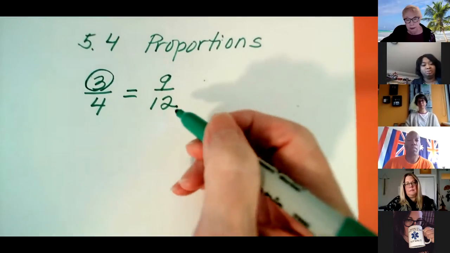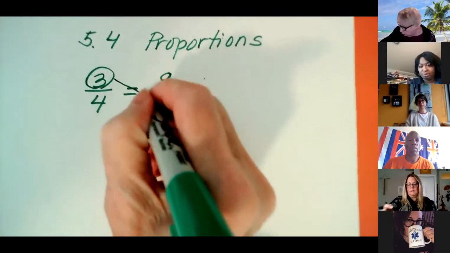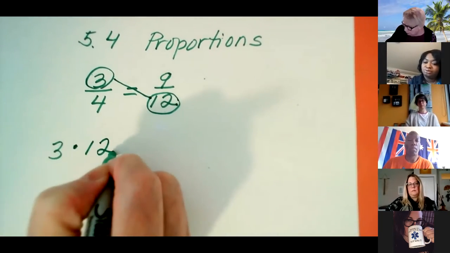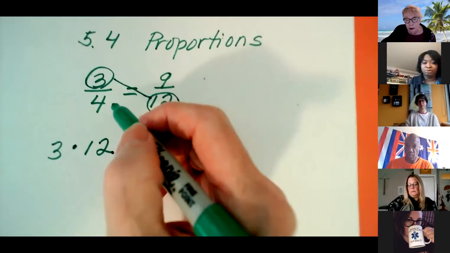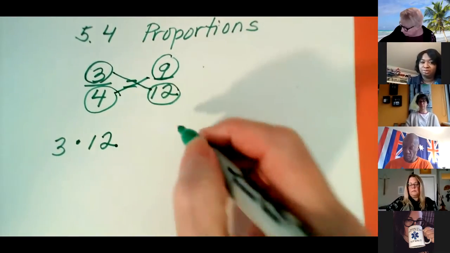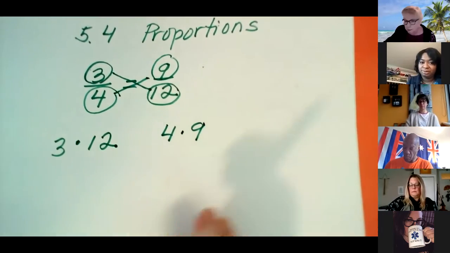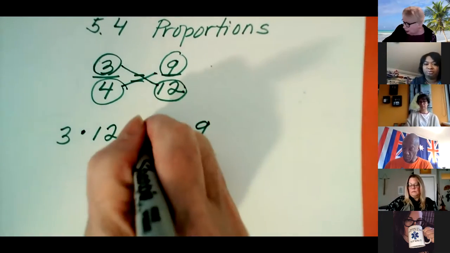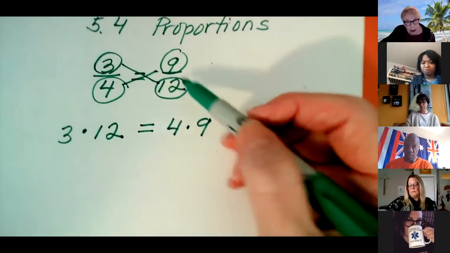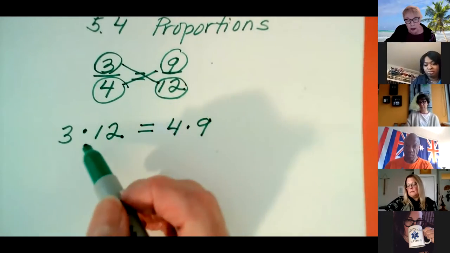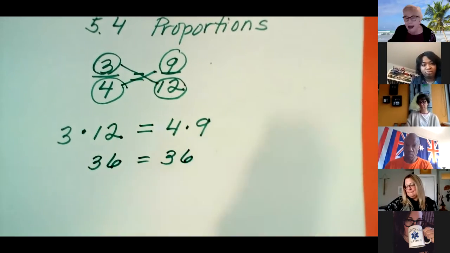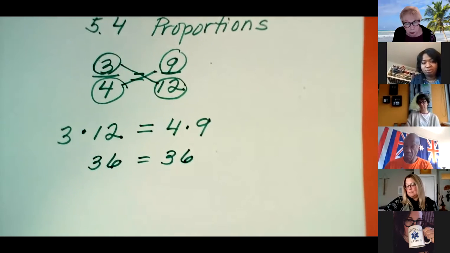If you take this number and this number and multiply them, this is 3 times 12. Now I'm going to take the other direction, this number times this number. They will always be equal if it's a true proportion. So this is 36 and this is 36.